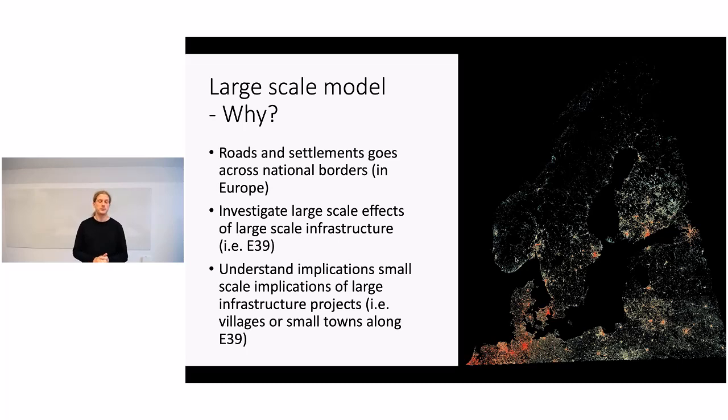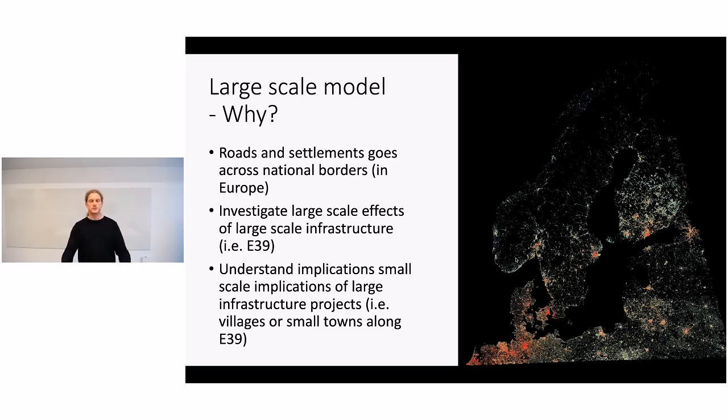In Europe, it's not any problem for me to move to Norway to work, and it's not any problem for Norwegians to move to Sweden and work here. So this urban growth and the infrastructure projects are affecting several countries. So we need a model that can do this on a very large scale.